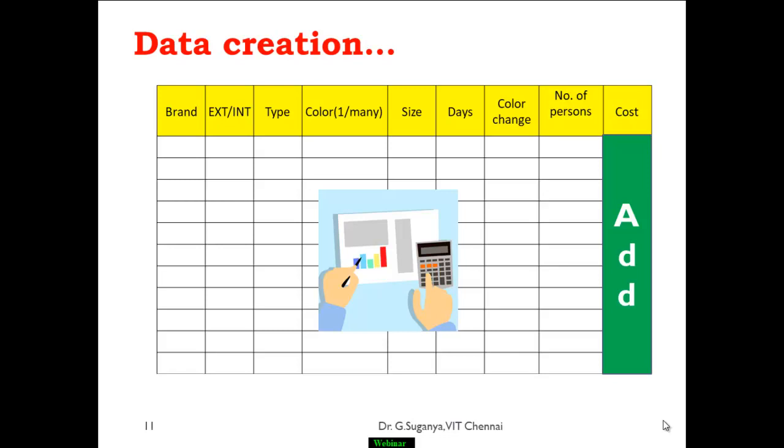Even if you work with unstructured data, in machine learning it's not only structured data that is going to be used. Structured data really means data in this format, in rows and columns. We also work with unstructured data. For example, if you are given a passage and you want to find out how many verbs are recurring, how many nouns are recurring, and so on, people talk about natural language processing, right?